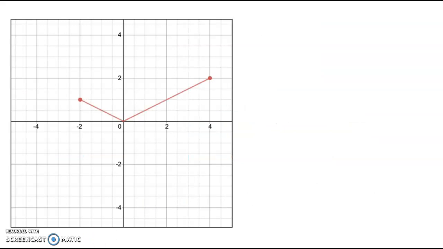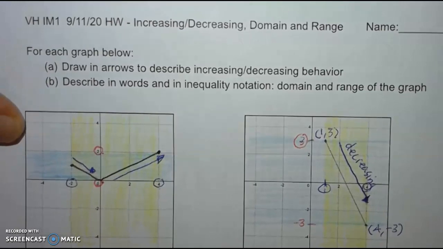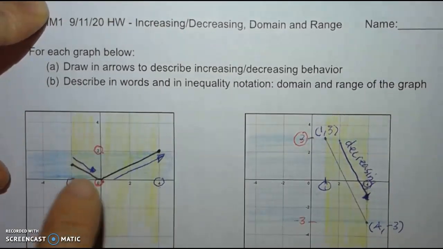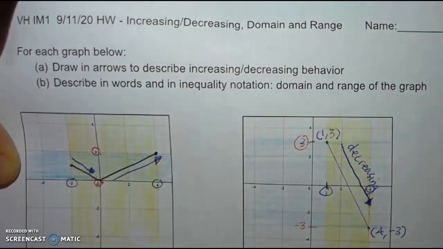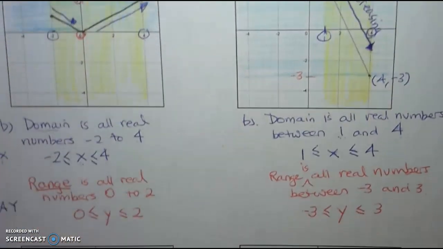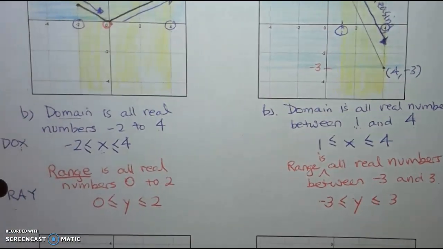Okay, so, here we go. This is the homework that was due today. Again, I did the same thing as we did in Desmos. I drew the boundaries and then I shaded it in, and the answers for domain and range are here.